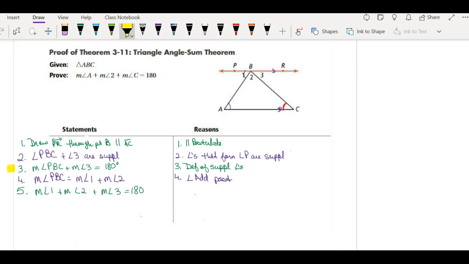I looked at this spot right here, and I substituted in the measure of angle 1 plus angle 2, where the measure of angle PBC is. So I think I just gave you a big hint on what the reason is. Substitution.